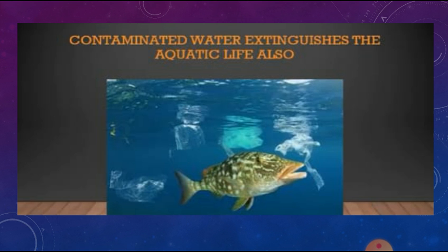And this contaminated water destroys the aquatic life also. Aquatic life means plants and animals which live in water. So different aquatic animals also die because of this water pollution.